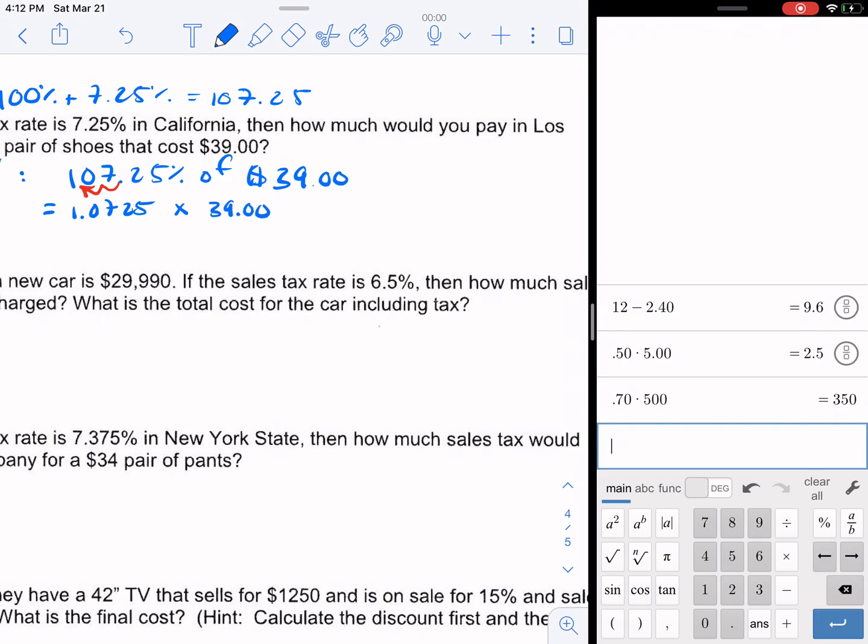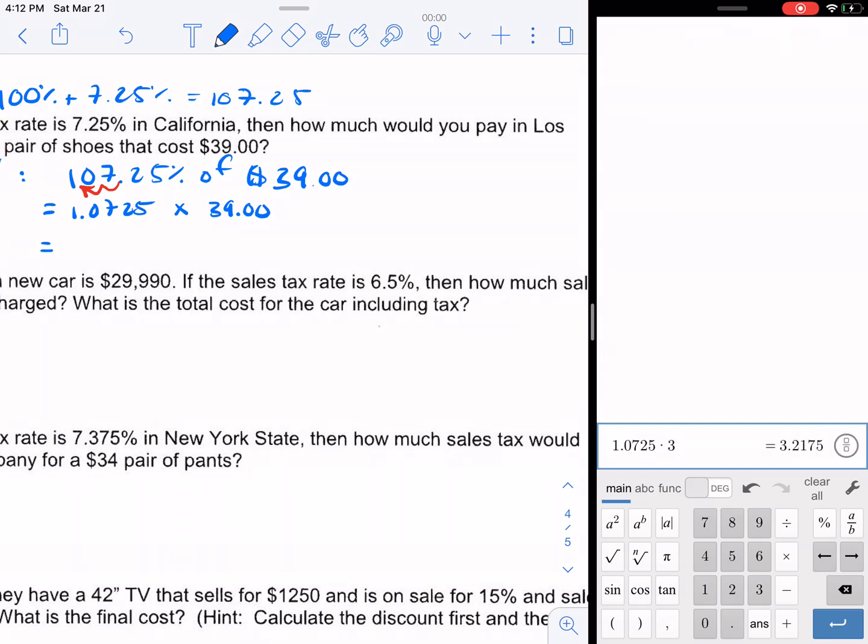Okay, so we got 1.0725 times $39. And so we get an answer. So it's 41.8275, but we have to read that as money. So that's going to be $41.83 because that 7 makes the 2 round up.